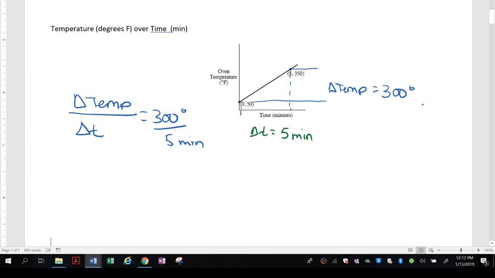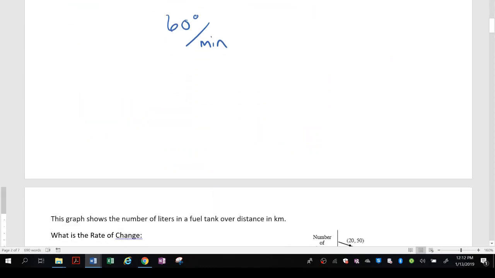Now we can reduce this here to 60 degrees per minute. And that's our rate of change, which again is the same thing as our slope for this line. Okay, let's look at one more example.